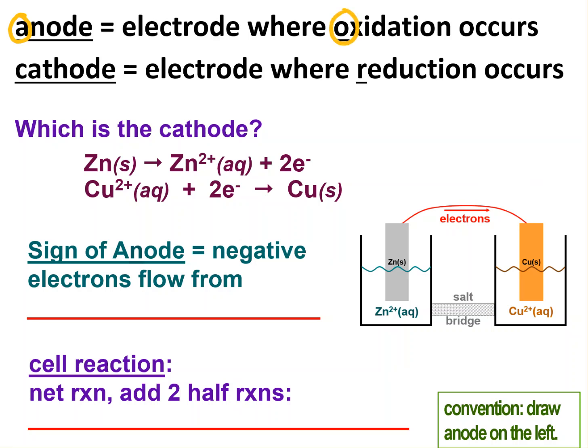Anode, oxidation. And cathode is where reduction occurs. So if we look at our half cell reactions, which one is the cathode? So where does reduction occur? It would be the copper. So this is the reduction. This is the oxidation. And so we could label that down here.